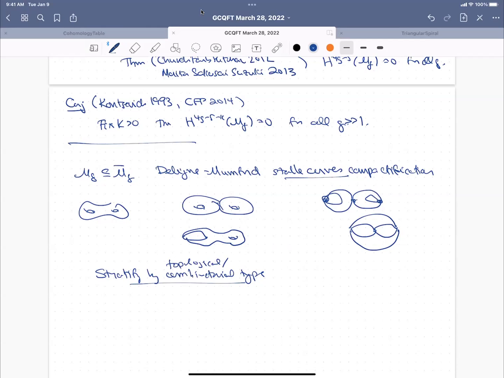And then in the closure, all there is are curves with more nodes. And whenever we have a stratification of a topological space, we have an associated spectral sequence. You could think of this as when you have a closed subspace, you get an excision long exact sequence, and when you have a stratification, you have many excision long exact sequences, and you package them together into a spectral sequence.